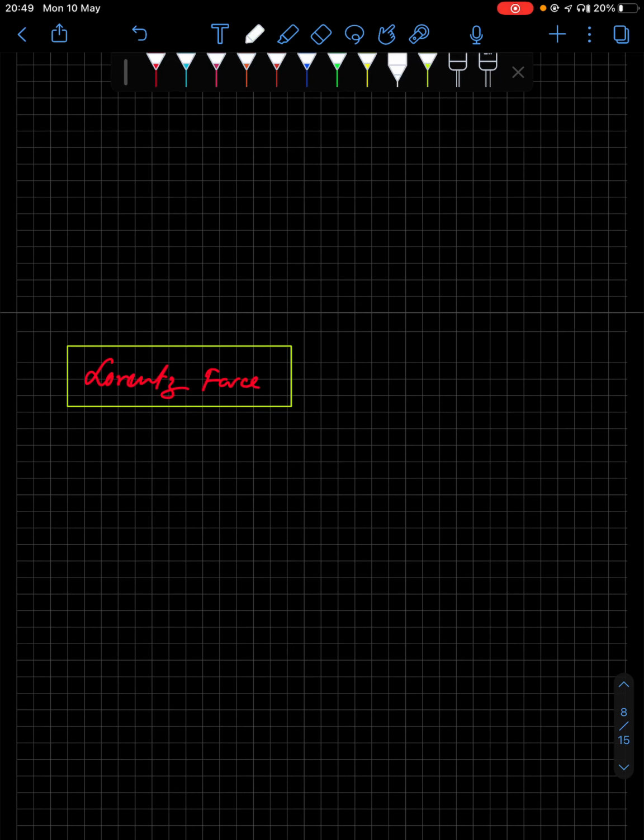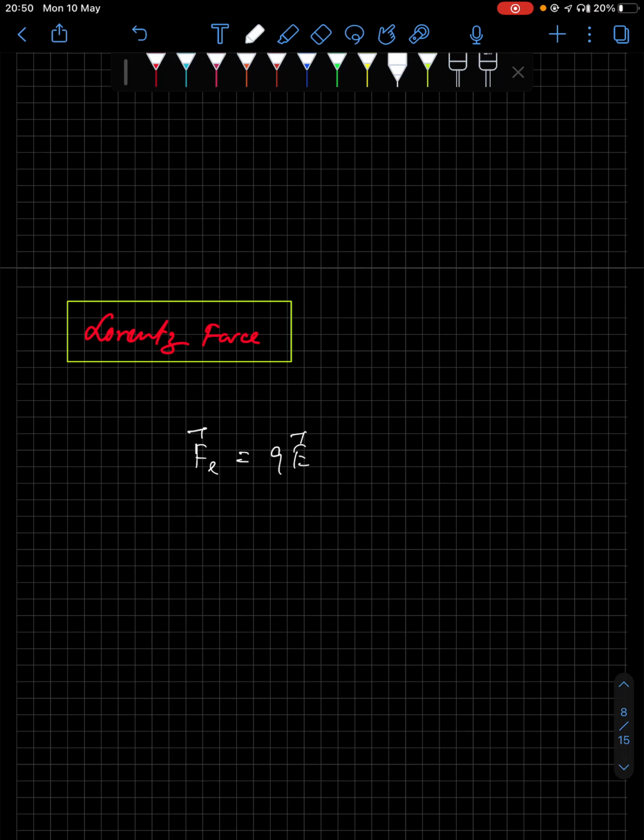Lorentz force is the combined effect of electric field and magnetic field on a moving charged particle. If a region has both electric and magnetic field, and a charged particle moves through that region, then two forces will act on the charged particle. The electric force will be given by QE, and the magnetic force will be given by QV cross B. We are writing the vector relations.